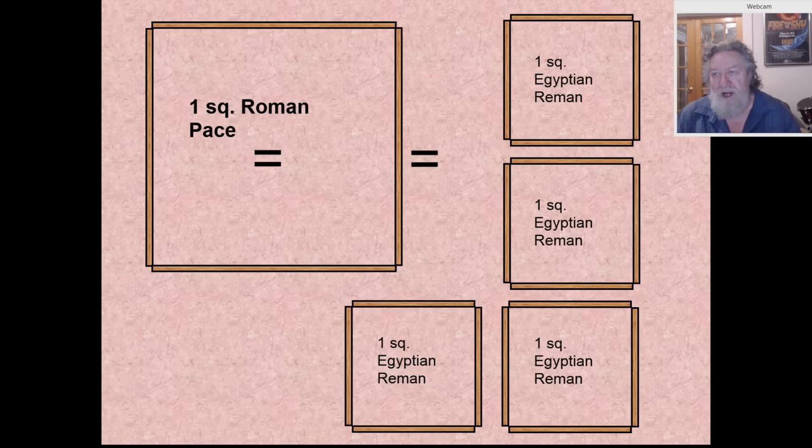That is where we get our miles. Remember, the word mile comes from the word mil, which means 1,000 in Latin, and so a mile was 1,000 paces. So this is where the Roman mile came from. It was 1,000 of these Roman paces. But if we took 1 square Roman pace, we discovered that it has this perfectly commensurable relationship with the Egyptian Remen used 2,000 years earlier in Egypt.